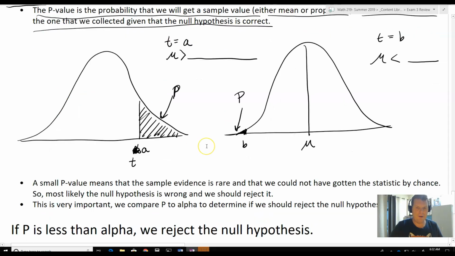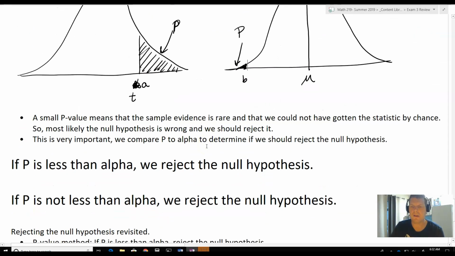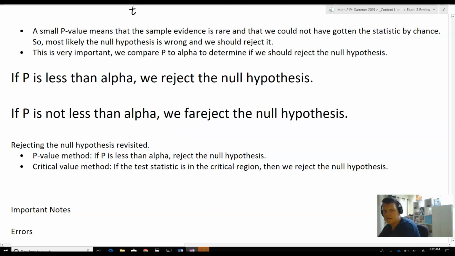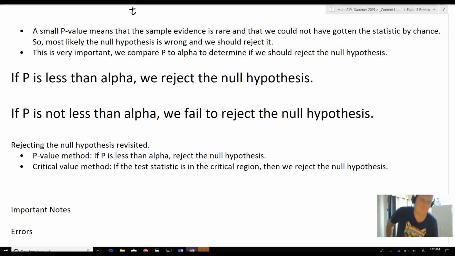So that's very important. To reject the null hypothesis, we're going to compare p to alpha. If p is less than alpha, we reject the null hypothesis. If p is not less than alpha, we fail to reject the null hypothesis. The whole point of hypothesis testing is to determine whether or not we're going to reject or fail to reject the null hypothesis.